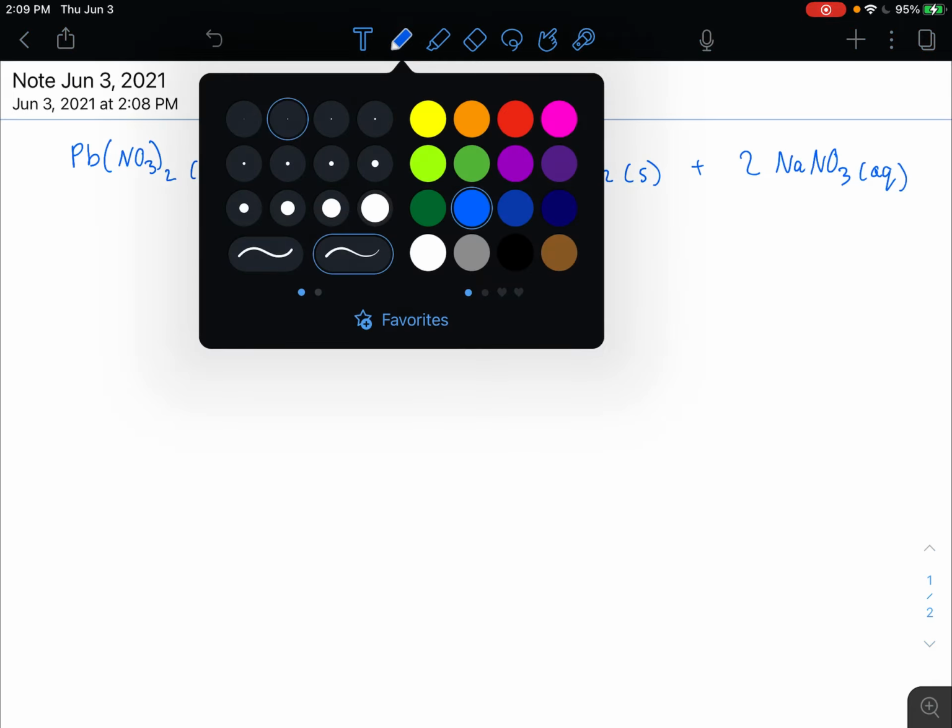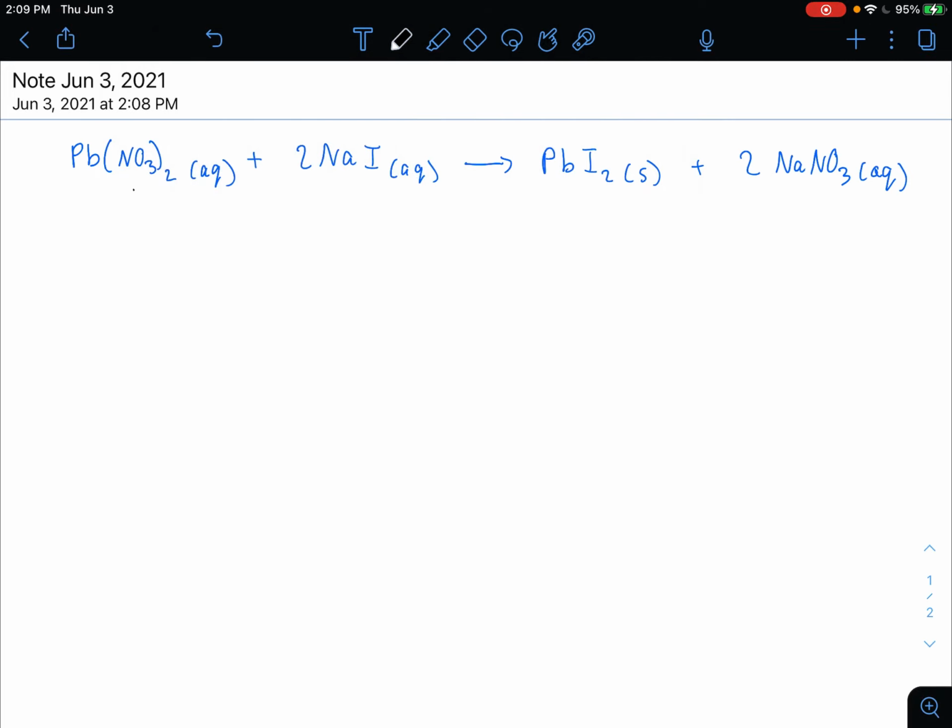So now, one by one, I can break down the aqueous ionic salt. So this becomes Pb2+ aqueous plus 2 NO3- aqueous.